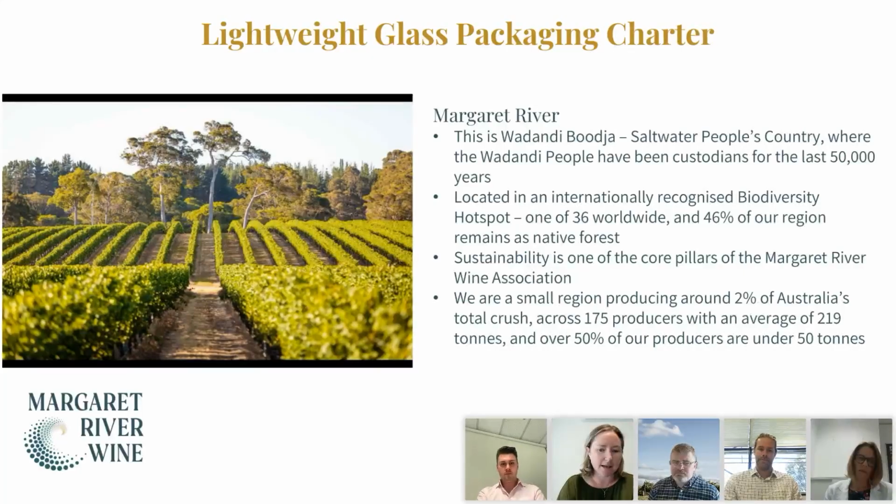And all of this is to say that sustainability is very important to our region. So we're pretty small over here, producing about 2% of Australia's crush. We have about 175 wine producers who are crushing an average of 220 tonnes or 219. And about 50% of our producers are under 50 tonnes, so pretty small.